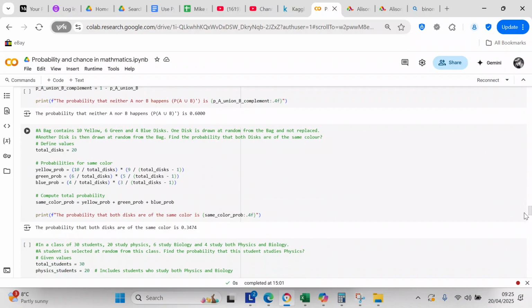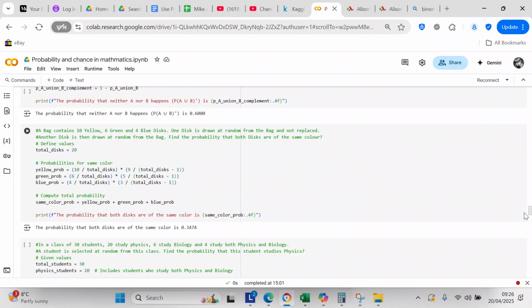So we have the total discs as 20. And then the probabilities for the same color: yellow prob equals (10 divided by total discs) times (9 divided by total discs minus 1). Green prob equals (6 divided by total discs) times (5 divided by total discs minus 1).